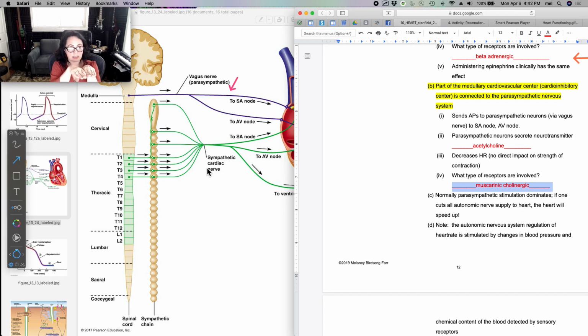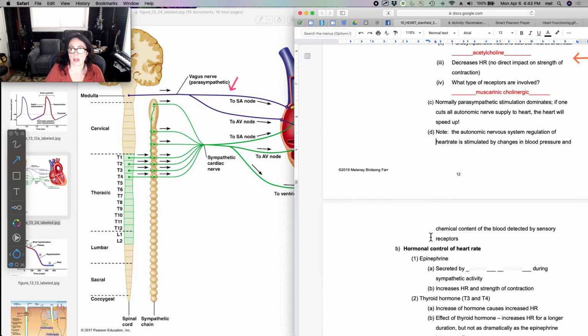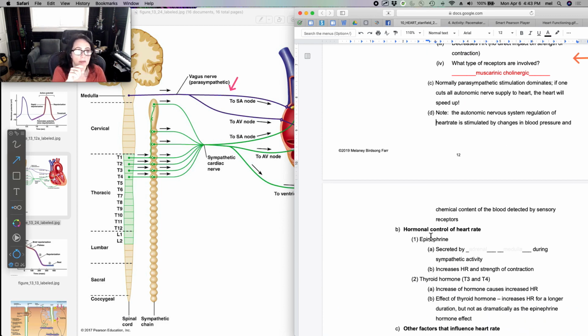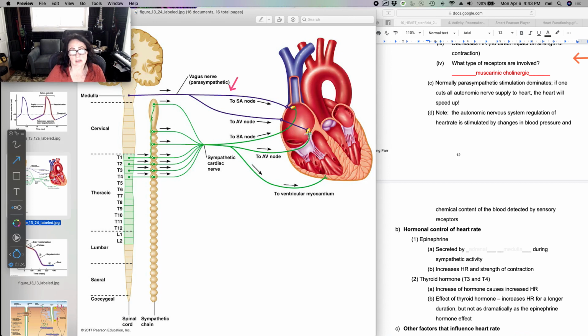So if, for instance, a tiger walks in the room, the first thing I do is take my foot off the brakes, vagus nerve stops stimulating, and then my heart rate might go up to 100, and if that's not enough, I put my foot on the gas, which is the sympathetic nervous system, and I can go way above 100.